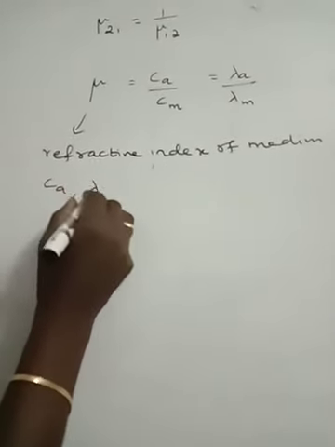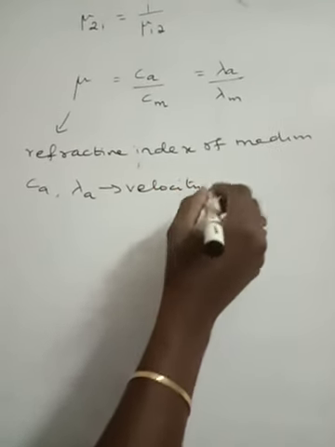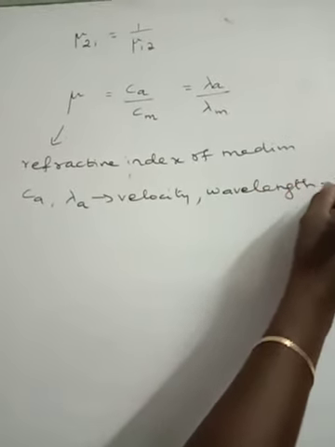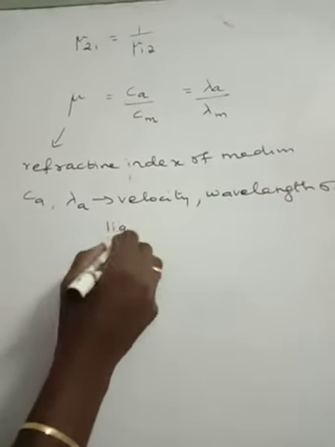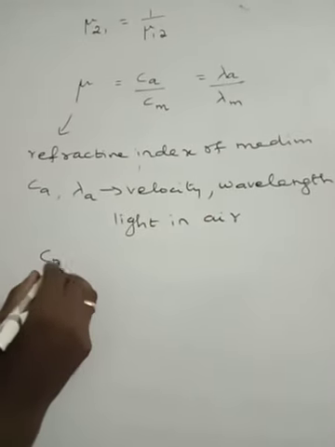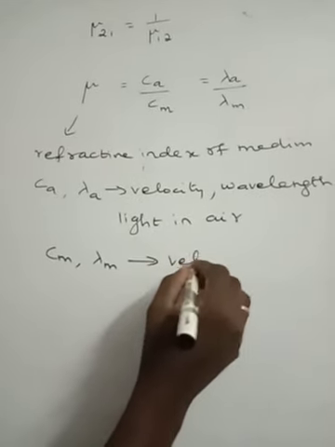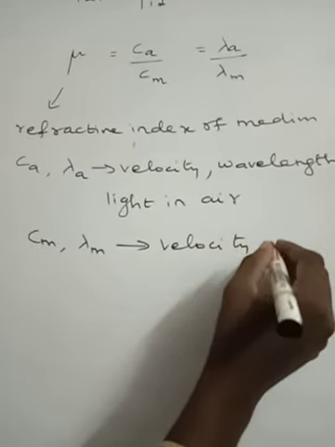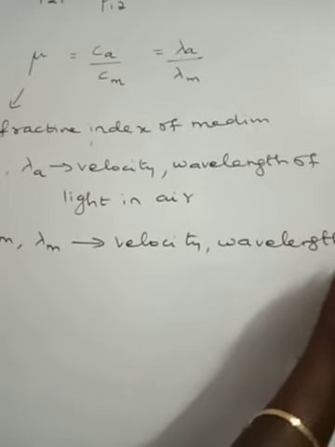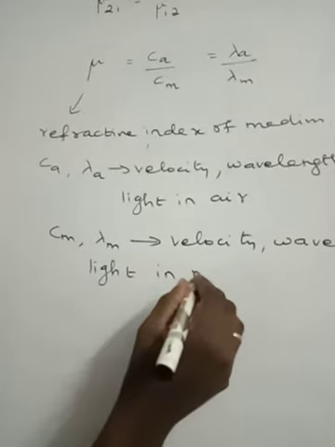Ca, lambda a represent the velocity and wavelength of light in air. Then Cm, lambda m represent the velocity and wavelength of light in medium.